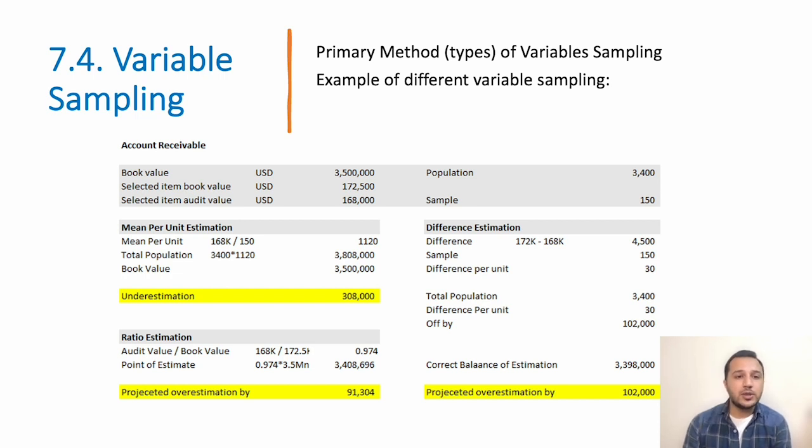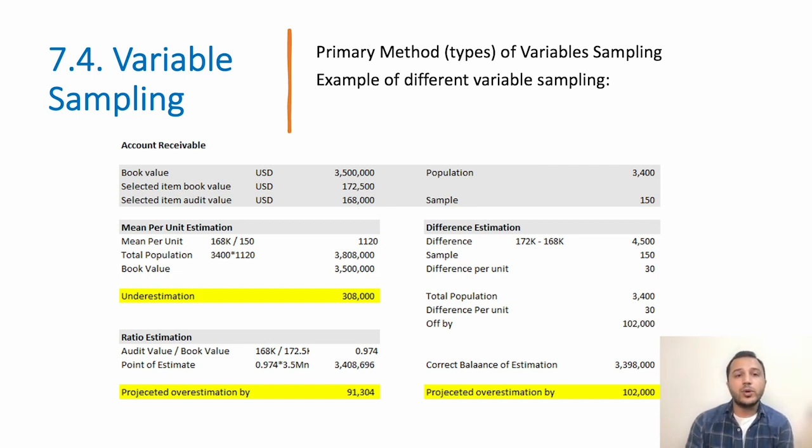For mean per unit estimation, our audit value was 168,000 for 150 customers. So we get $1,120 per customer, and then we simply multiply by the total population. Then we get a total population value of 3.8 million. Accordingly, based on our working, the amount is underestimated by $308,000.